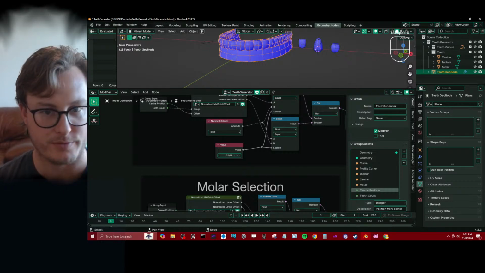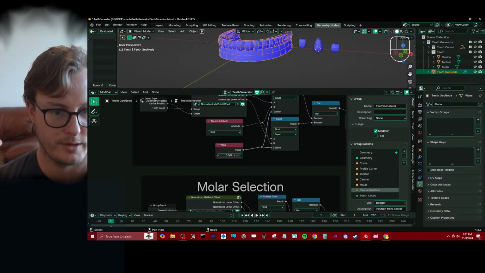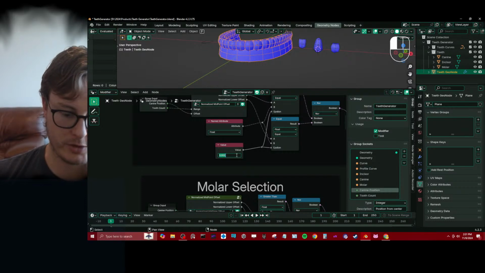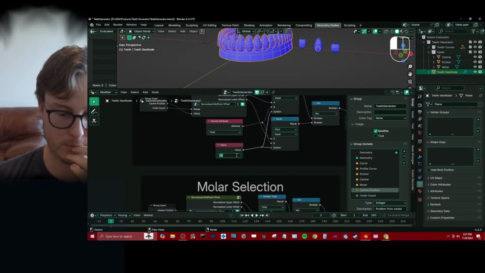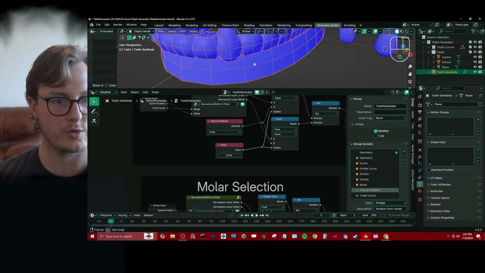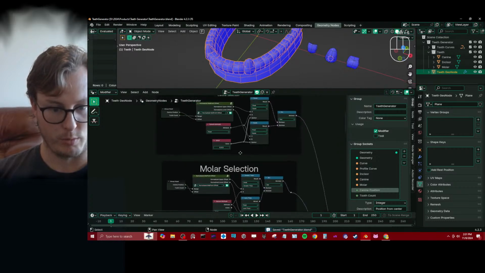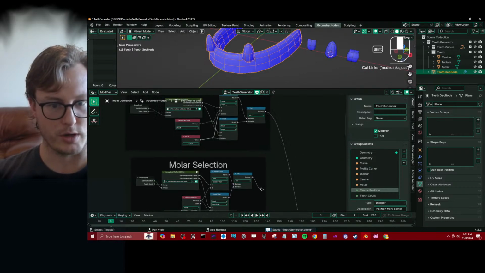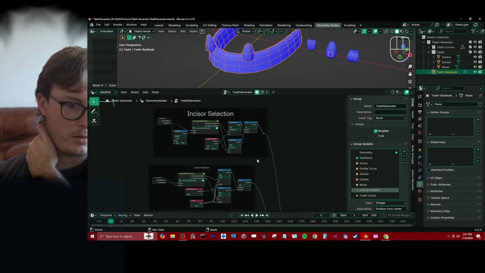The issue is that just gets rid of it. So if I just do 1, that's way too strong. Also too strong. Still too strong. Well, the molars are way too strong anyway.